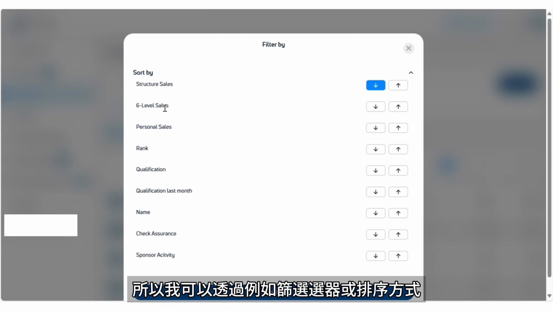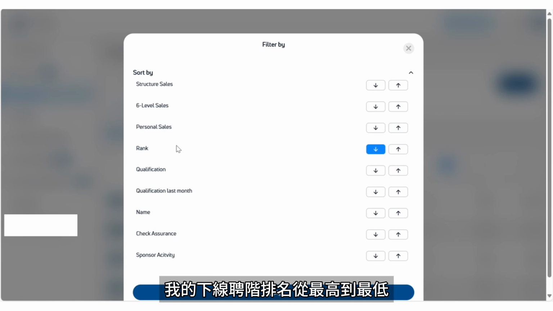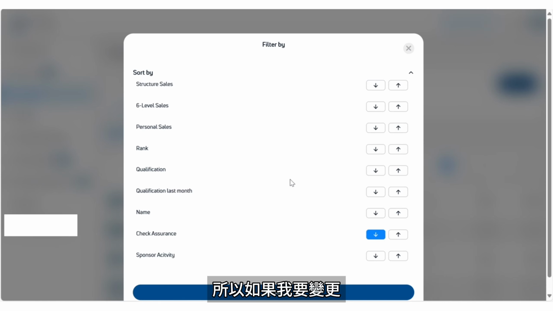So I can filter or sort by, for example, that I would like to see my downline with the highest rank starting top down, or I can say show me all team partners with check assurance. So let's keep it on sort by.